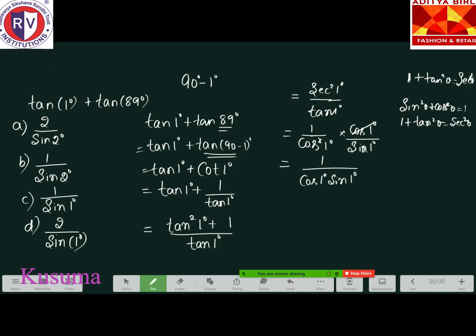So no options resemble this form. Now we have to take it to the form of any of these options. See, what we can do here, we can multiply and divide by 2, right? So in the numerator, it will be 2 divided by, in the denominator, it will be 2 cos 1 degree sin 1 degree. So what is 2 into cos theta into sin theta?